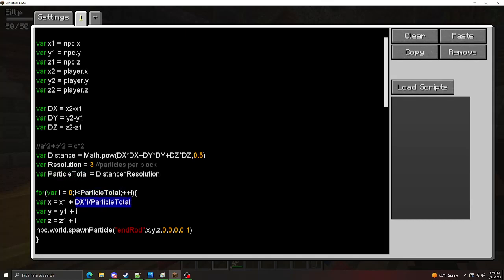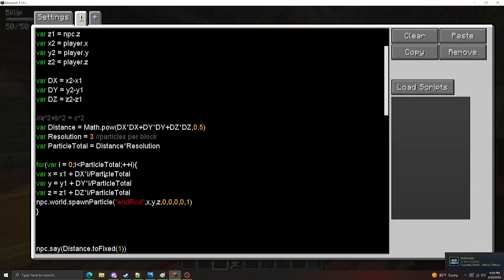So there, the overall distance we need to cover times the ratio of the current step and the total amount of particles that need to be covered at the maximum distance. So let's just set these up for all 3: dx, dy, dz.